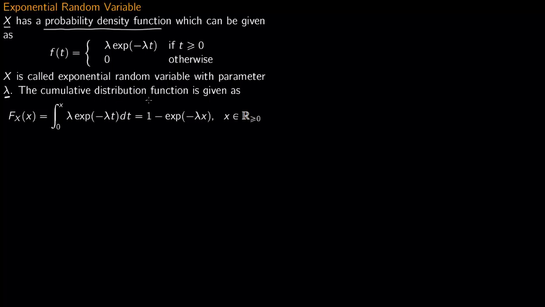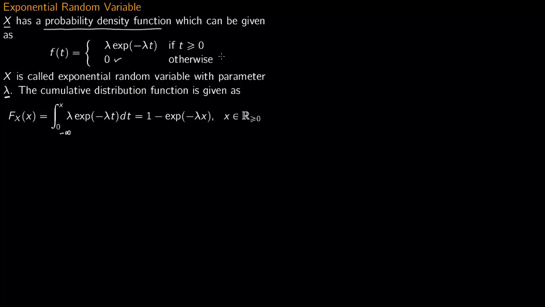So the cumulative distribution function is given as the integral from 0 to x of lambda exponential of minus lambda t dt. Notice that we generally start writing minus infinity here. Instead of minus infinity I have written 0, because from minus infinity to 0 this function takes value 0.